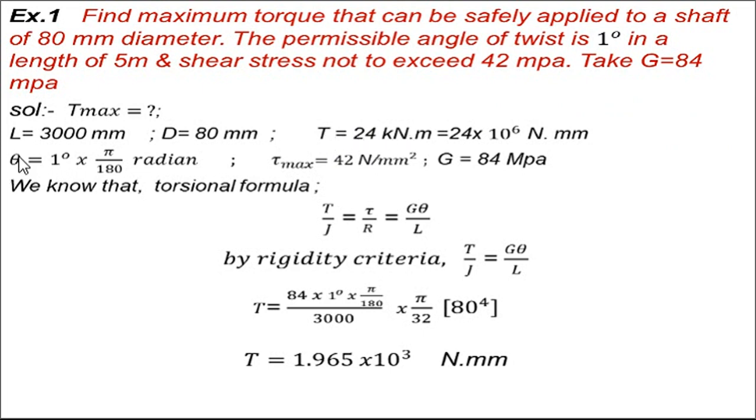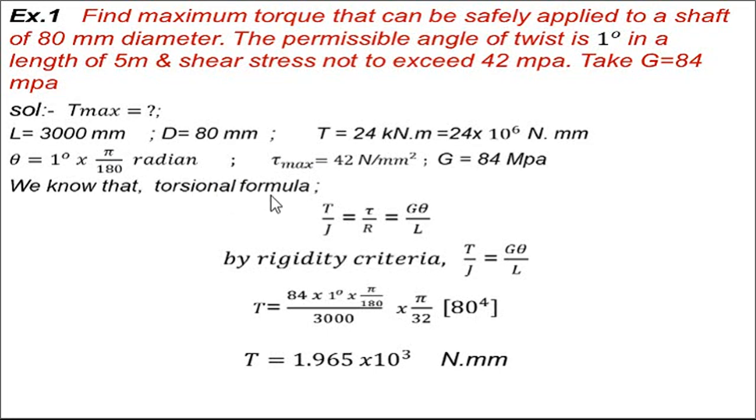Theta is given as 1 degree, which is the angle of twist made after applying the torsional movement to the shaft. We convert 1 degree into radian by multiplying by pi by 180, because in the problem we want the radian value. Tau max is given as 42 Newton per mm square, and capital G is 84 MPa.